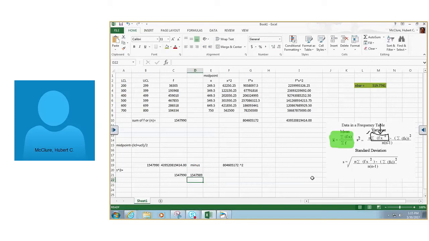All right, start calculating. Well, I'm going to go ahead and start it off for you. This is going to be a big number. Well, it's going to have to be, because that number right here is a big number, and you're going to square it. So this number is going to have to be bigger because you can't take the square root of what? A negative number, Hubert. That's right.